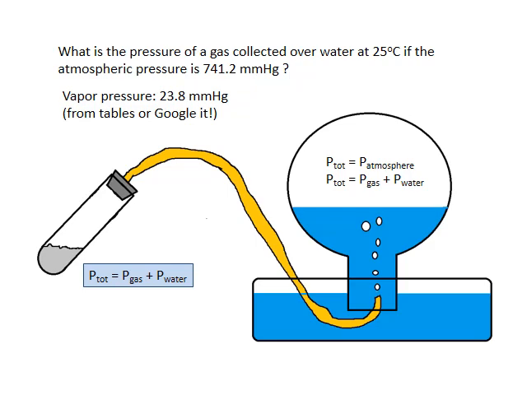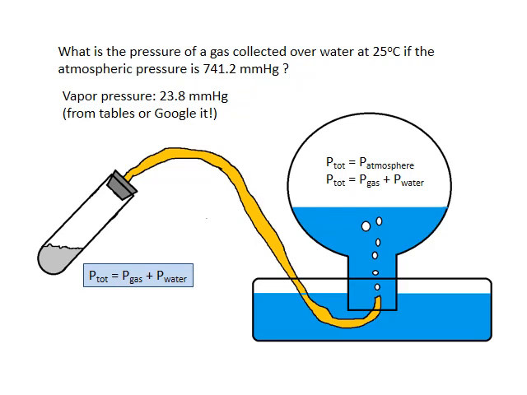We're going to assume here that the total pressure is pretty close to the atmospheric pressure because it's balanced here. You can look up the value of the vapor pressure of water in tables, or I found lately that if I'm interested in a particular vapor pressure, I just type in the vapor pressure of water at 25 degrees Celsius and put that in Google, and lo and behold, I get a number.